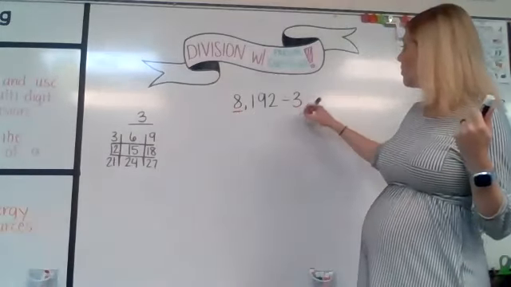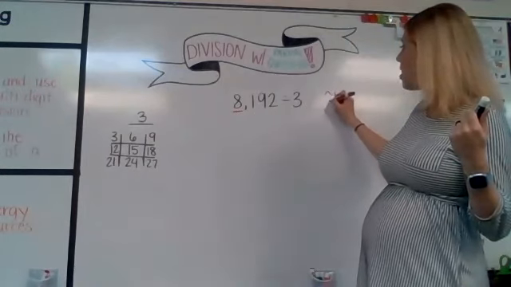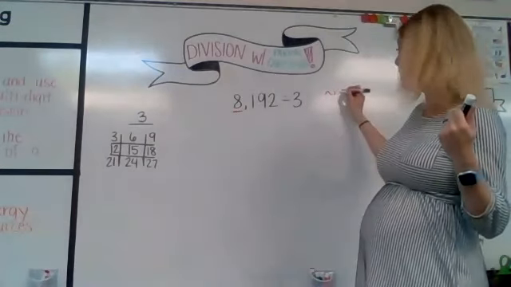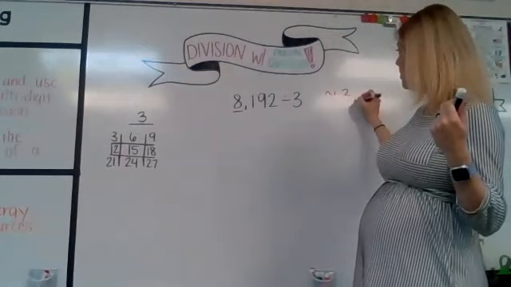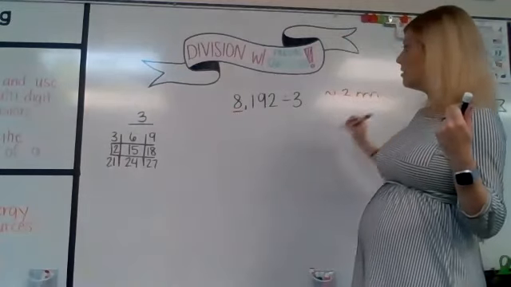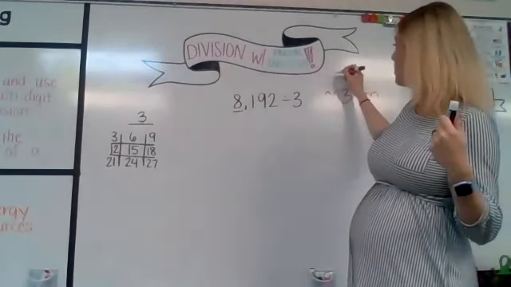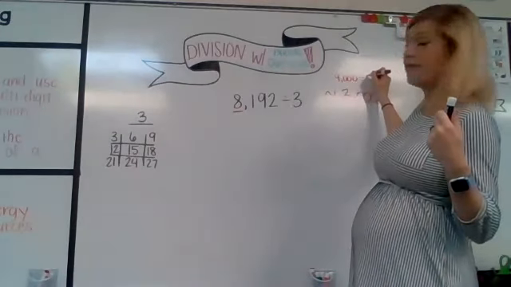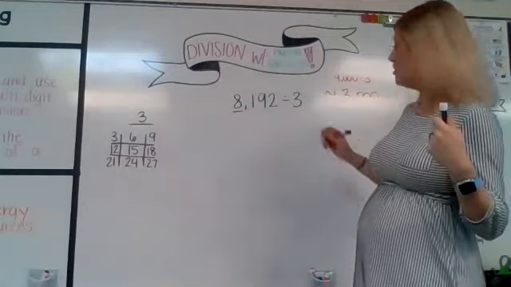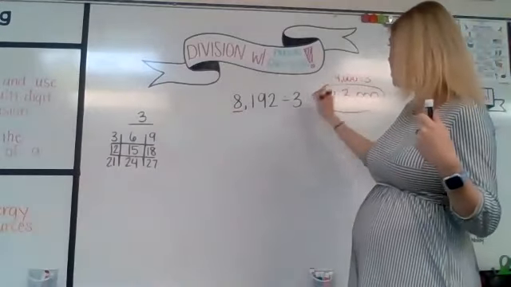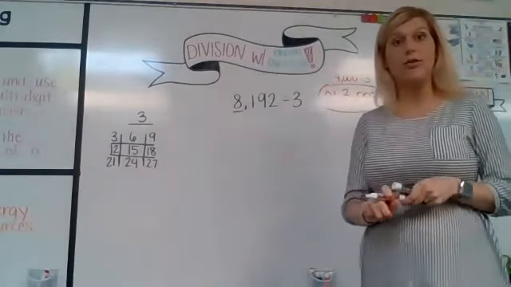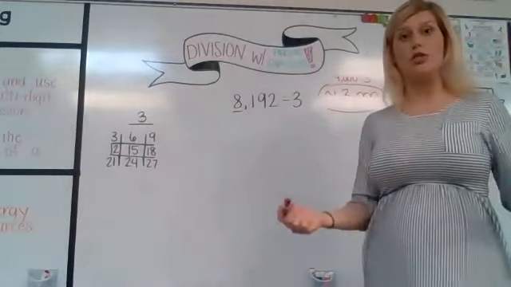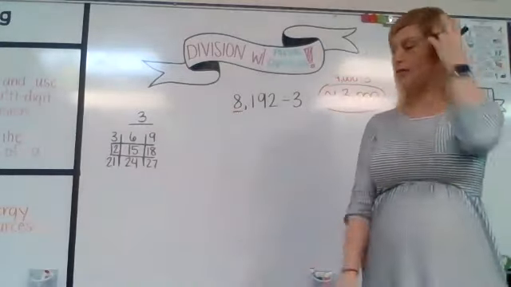So our quotient should be about 3,000, because we're taking 9,000 and dividing it by 3. That'll give us our estimate, so that we can check the reasonability of the quotient that we come up with at the end.